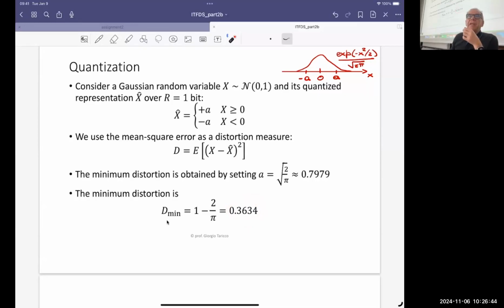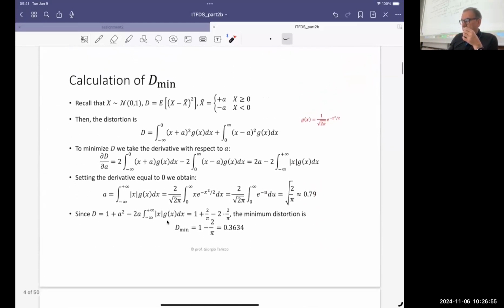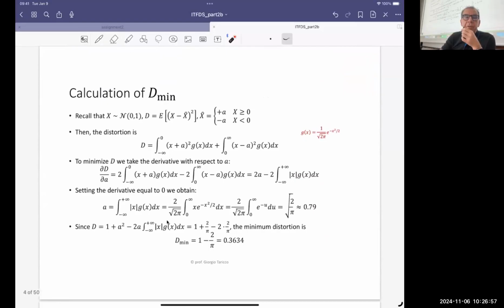Now let's see how we get these numbers, and later we are going to see what happens if we increase the number of bits. The calculations are rather simple. We need to calculate the distortion.